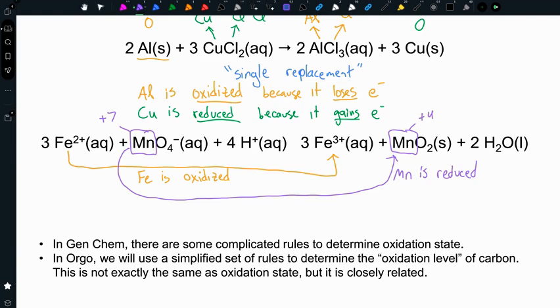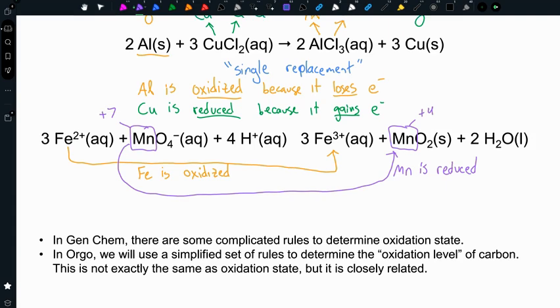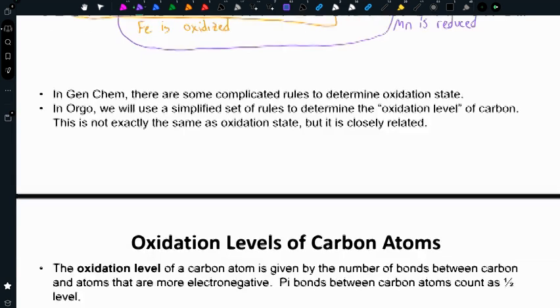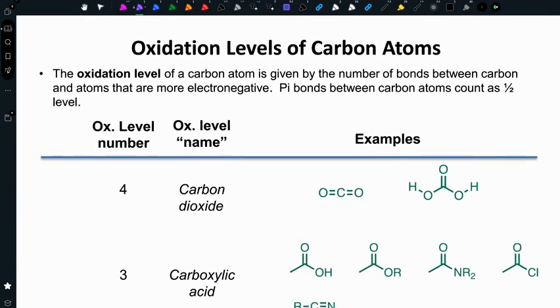We're going to talk about what we call oxidation level of carbon. It's a closely related concept, but it's a little simpler. Okay, so that's the groundwork, and next we can dive into what we mean when we talk about oxidation level in organic chemistry.